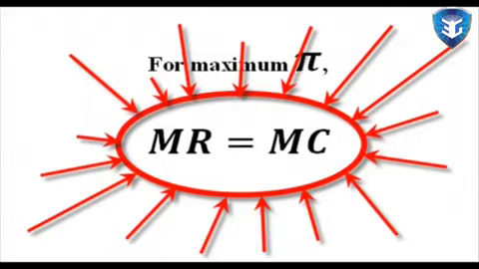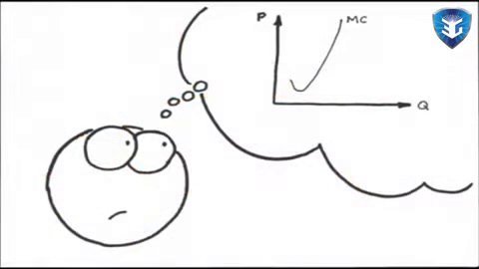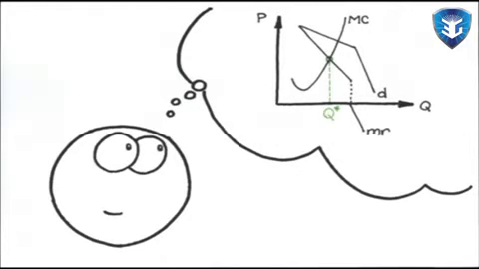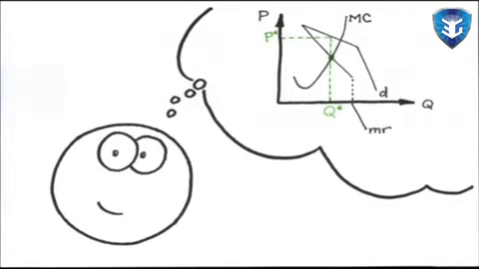All you need is the output where marginal revenue equals marginal cost. Marginal cost looks the same regardless of the market structure, so you just add it to the oligopolistic firm's demand diagram. You can find Q star, the output where marginal revenue equals marginal cost, and then use the demand curve to determine the highest price the firm can get the consumers to pay for those Q star units.